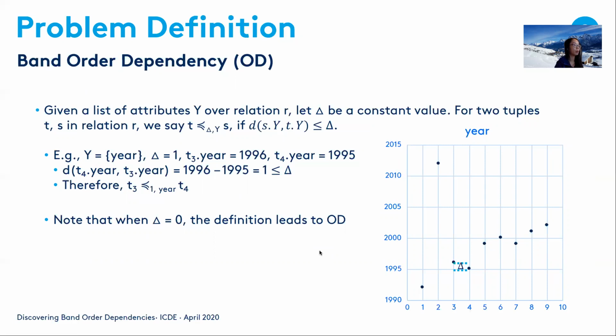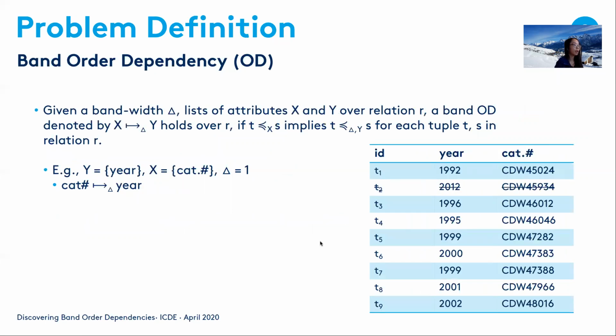So let delta be 1, then it means that each tuple can only violate the order dependency by a maximum of 1 year. Given delta equal to 1, we can say that the band order dependency between catalog number and year is satisfied in the input dataset, except for tuple T2.